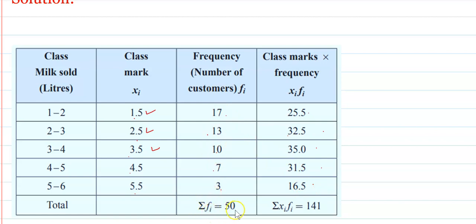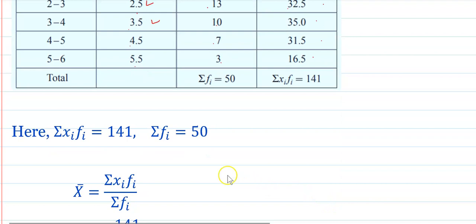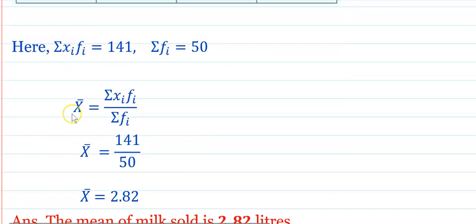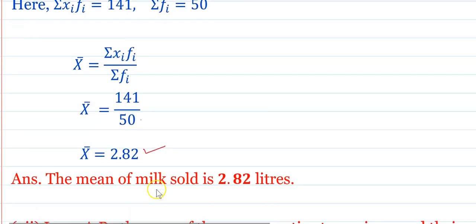Summation fi is equal to 50, summation xi fi is equal to 141. Now we'll apply the formula for the mean. x bar is equal to summation xi fi upon summation fi, that is 141 upon 50. Divide karun, you will get x bar is equal to 2.82. Therefore, the mean of the milk sold is 2.82 liters.